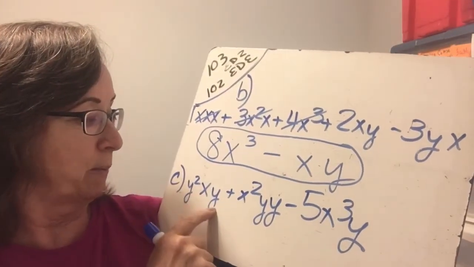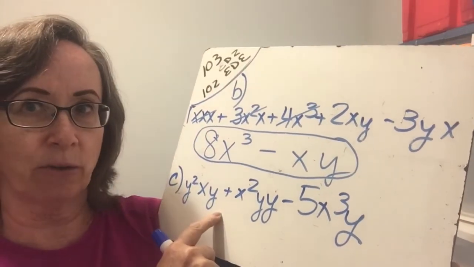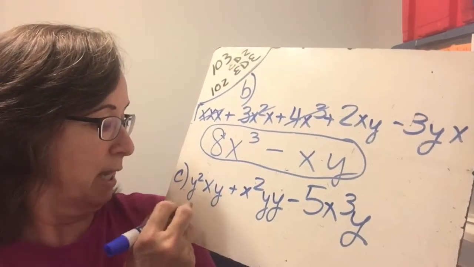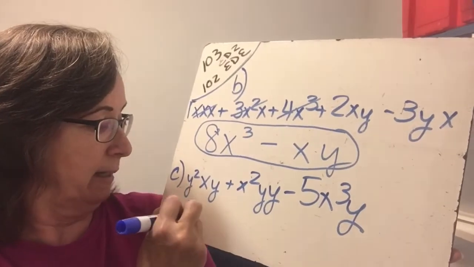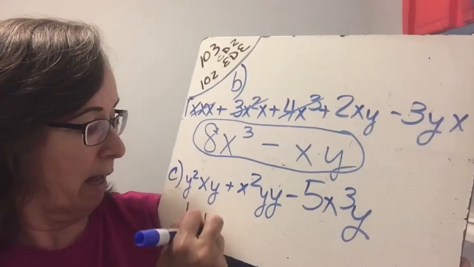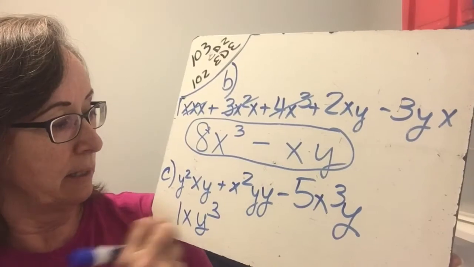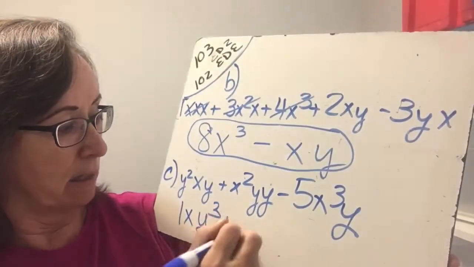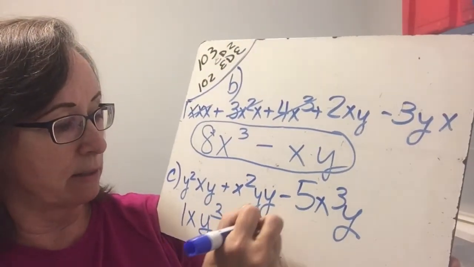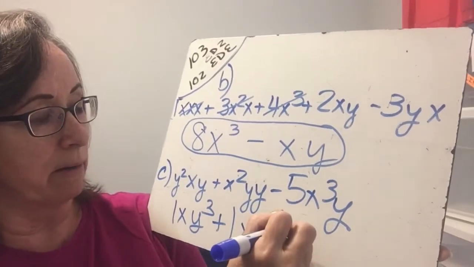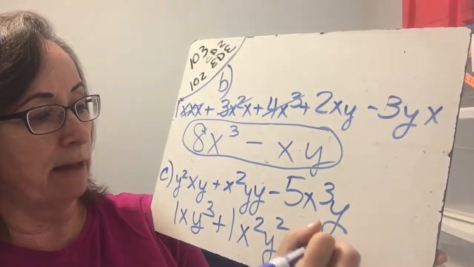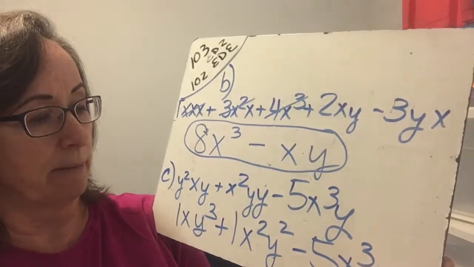So this one, since we have a y squared and another y, we can make that a y cubed. So let's make this a 1xy cubed plus a 1x squared y squared minus a 5x cubed y.